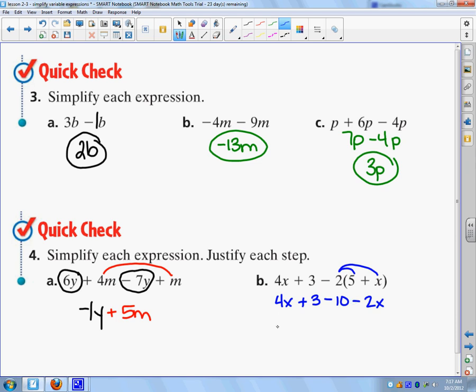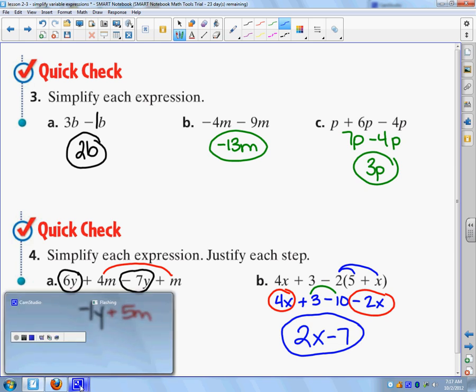And then I keep simplifying. I'm going to combine like terms. So I have 4x and negative 2x, so that equals 2x. And then I have 3 minus 10 is negative 7. So it's 2x minus 7. Those can be kind of tricky, but we'll do more practice in class. That's it for now.